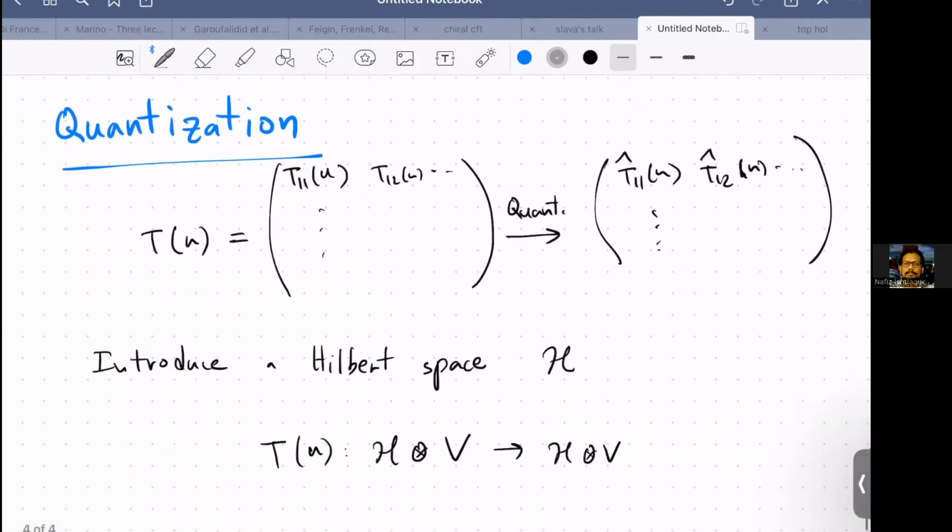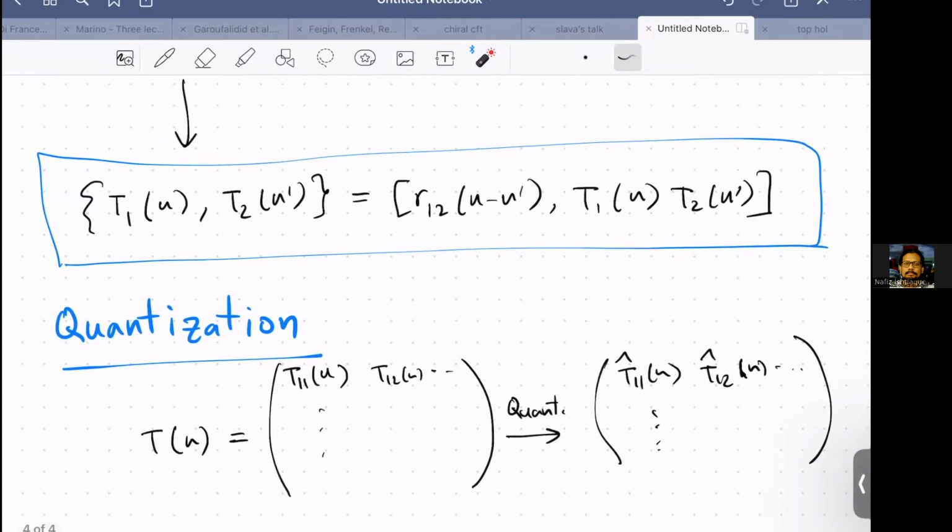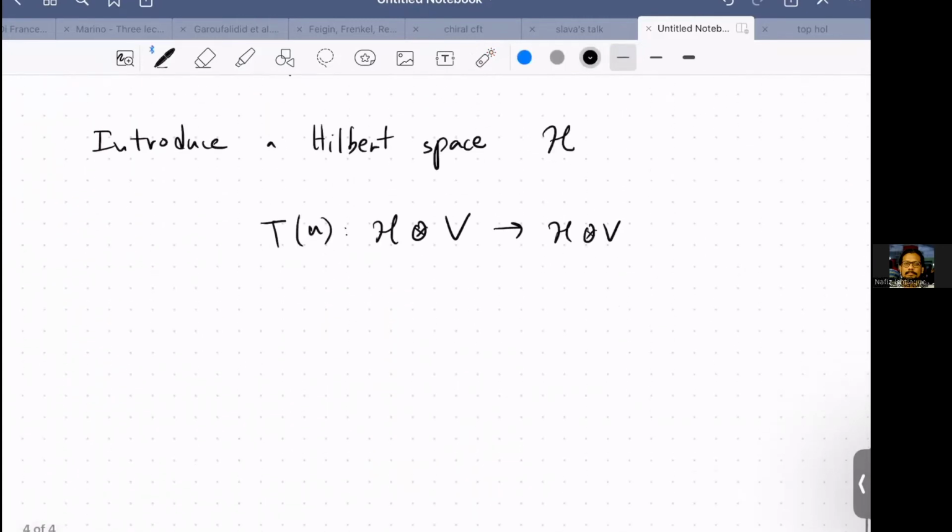By the general principle of quantization, when we promote functions on phase spaces to operators on Hilbert spaces, our Lax matrix becomes an operator on the Hilbert space tensored with an auxiliary space V. Now let's call this quantized version T hat. So basically what we want to compute is the commutator between two of these things located at different spectral values.